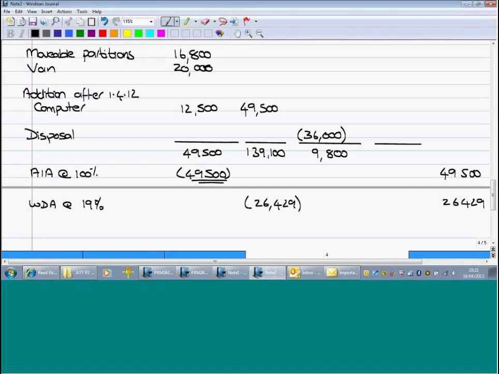Now, to be honest, from an exam point of view, it's perfectly acceptable just to do a double underline underneath that, and if that's a positive number, then you take it as a positive number to your capital allowances working.